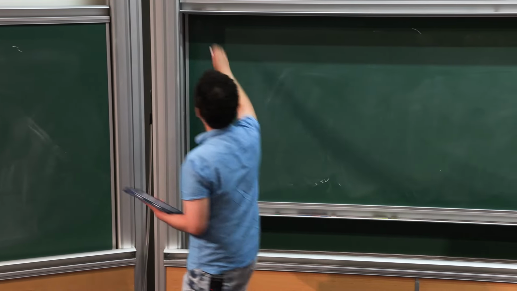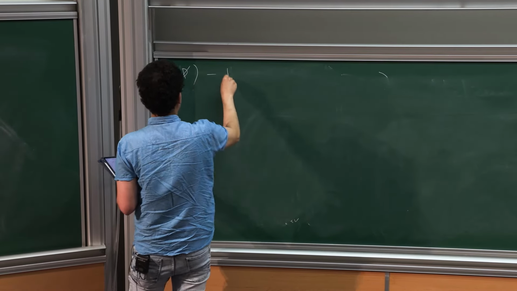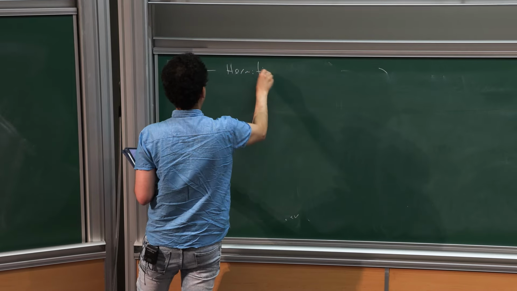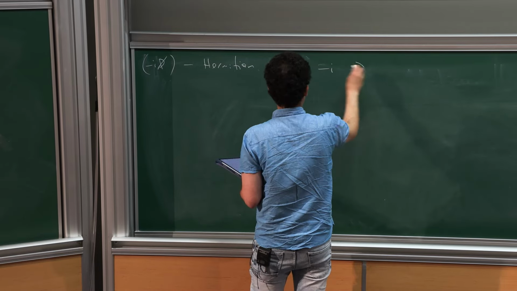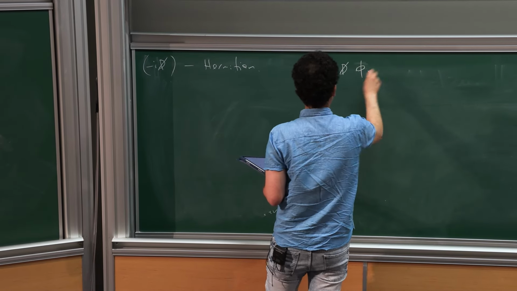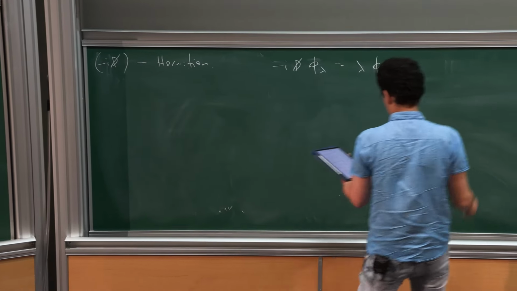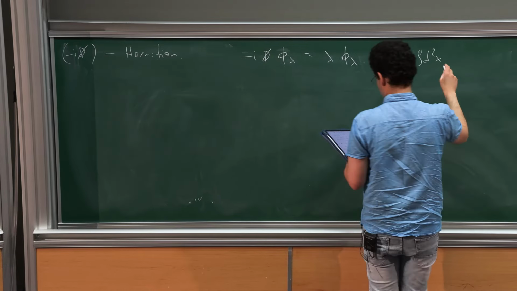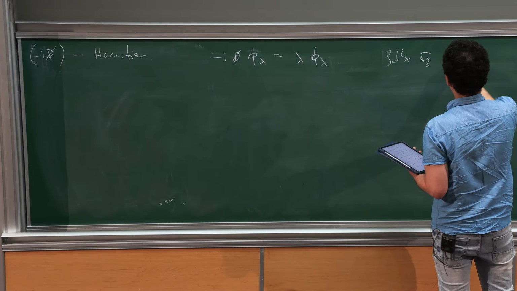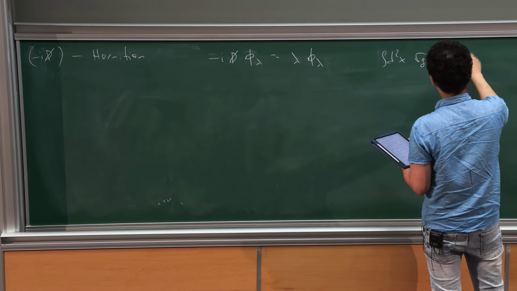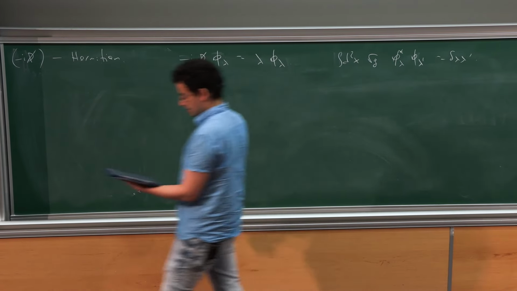So this operator, minus i D slash, is Hermitian, so it has real eigenvalues. Well, it's Hermitian with respect to this inner product on the manifold. We can normalize this in the following way.